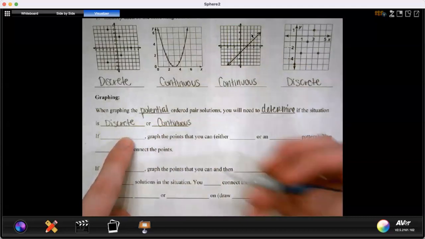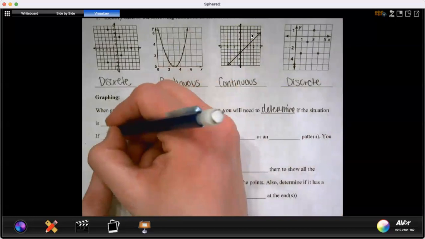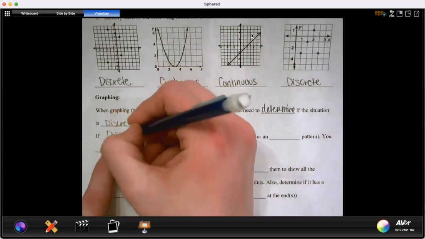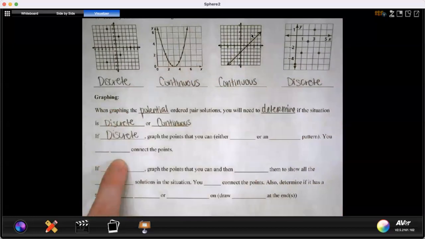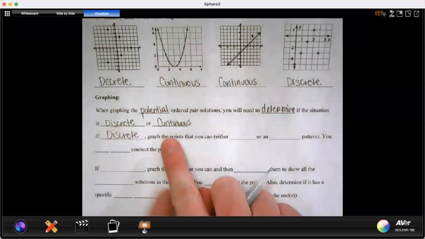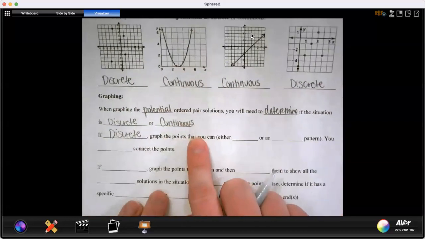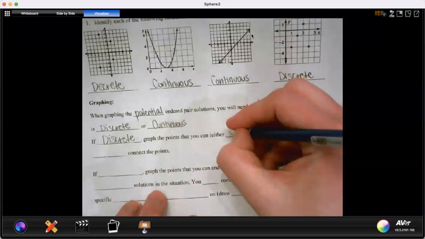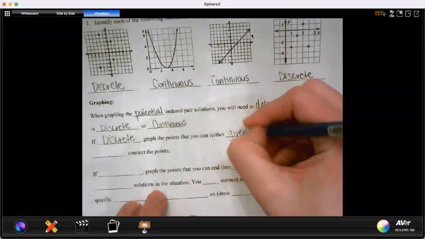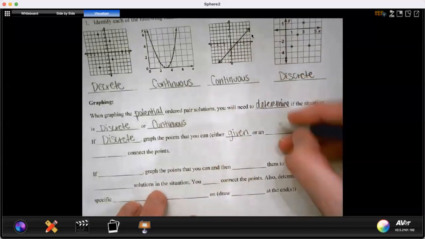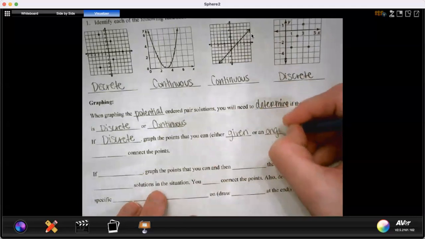Now, how do we determine that? If discrete, you're going to graph the points that you can, and that would be either what is given to you or an ongoing pattern.